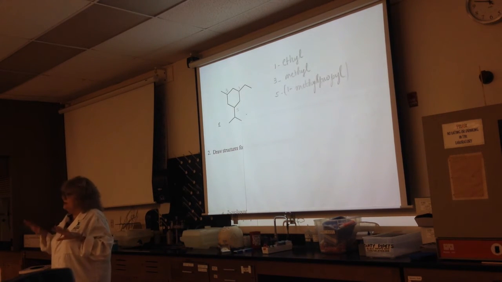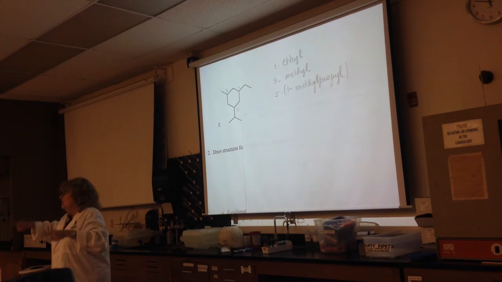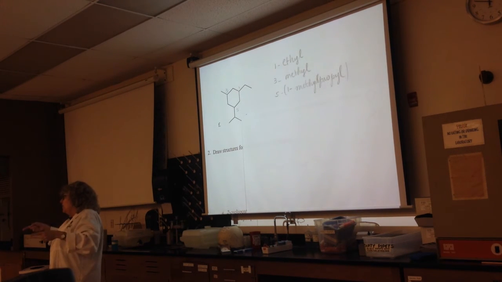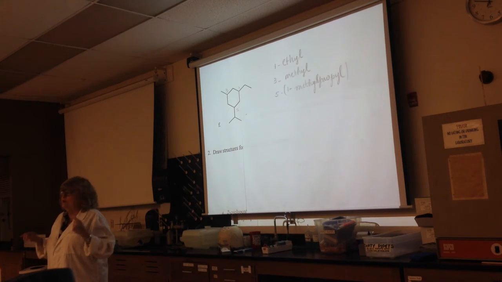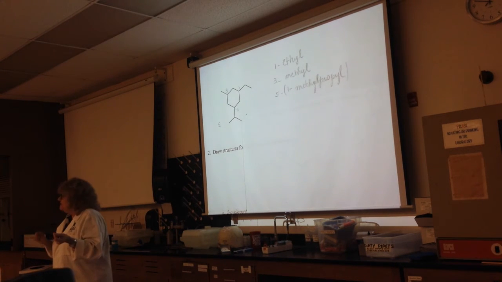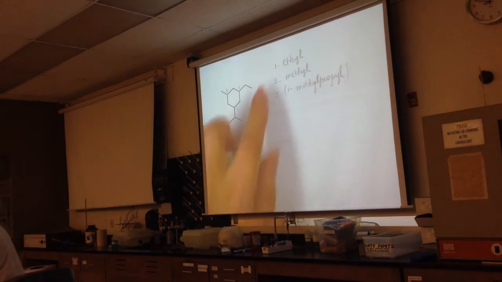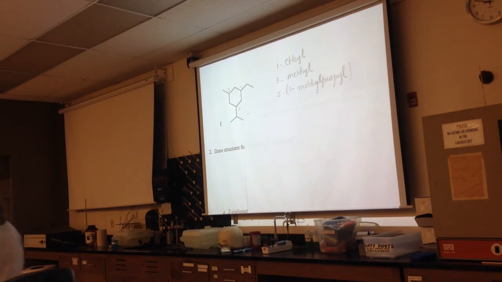There's no priorities here. The only priority here is numbers. When numbers are equal, then the alphabet. So yes, you would have picked ethyl as 1, but then we have 3 and 5, and you still follow that. So the methyl becomes the 3, the methylpropyl the 5.